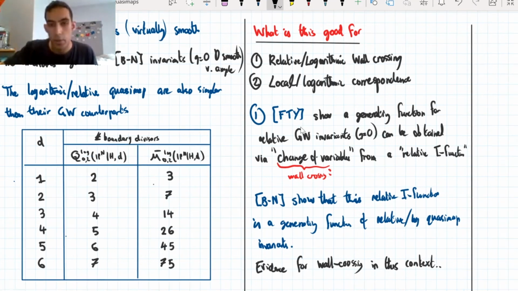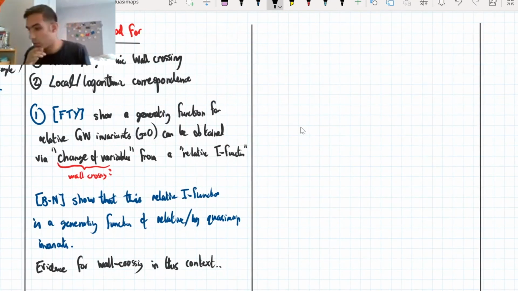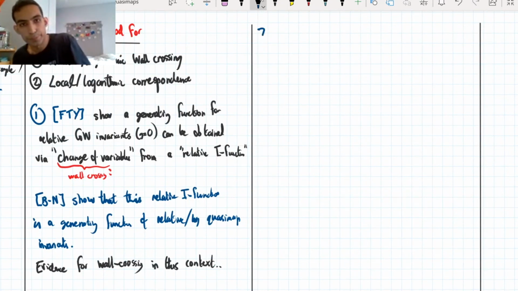Okay, so that's the first thing, and the final thing I wanted to say was this second point, the local logarithmic correspondence.